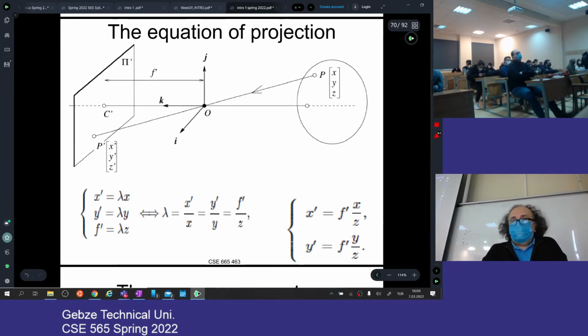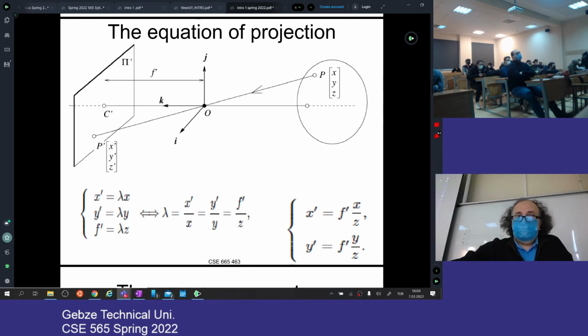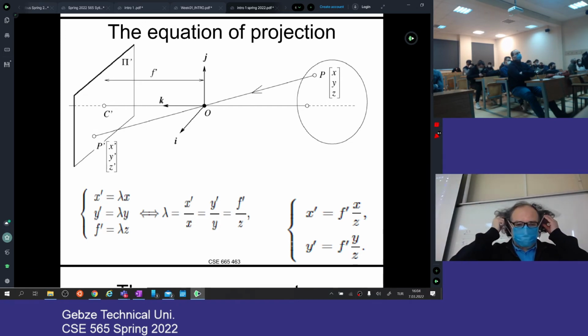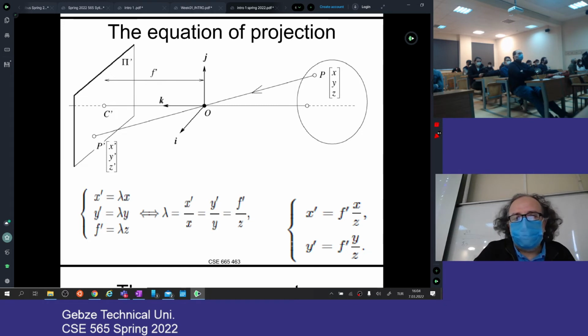Okay, let's go back to our original picture now. Remember this one? If I project this XYZ on this image plane, X prime, Y prime, and Z prime. By the way, I changed the notation a little bit.